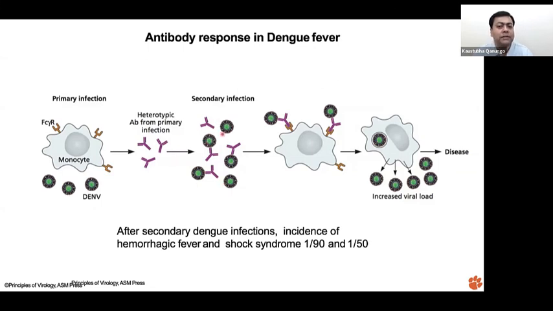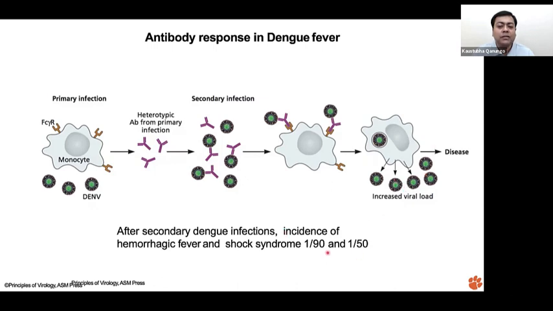They are not very specific, but just randomly bind. These randomly bound antibodies are not enough to neutralize the virus. But this random binding causes the dengue virus to bind to the Fc gamma receptor of the monocyte, and the monocytes get infected.